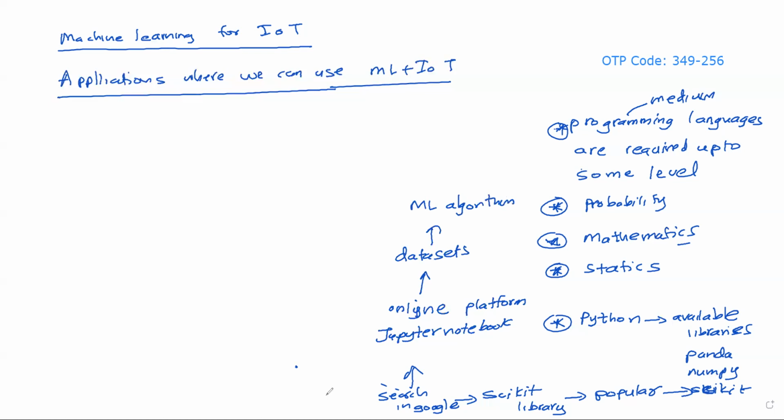You don't need to do a lot of software development. You need a data set and a machine learning algorithm, which is already available for some applications, such as image recognition, image detection, and so on.